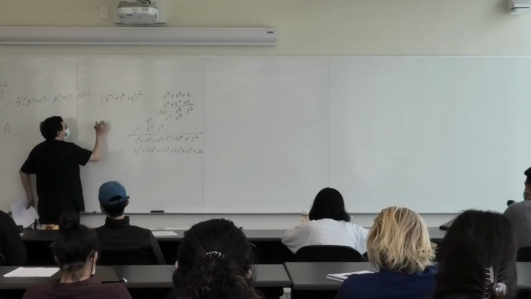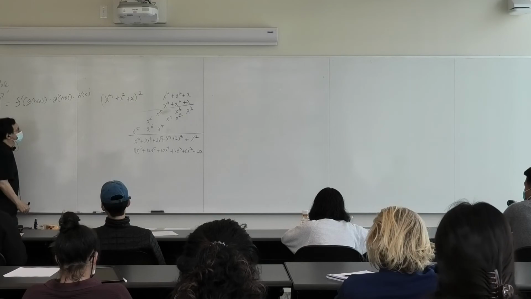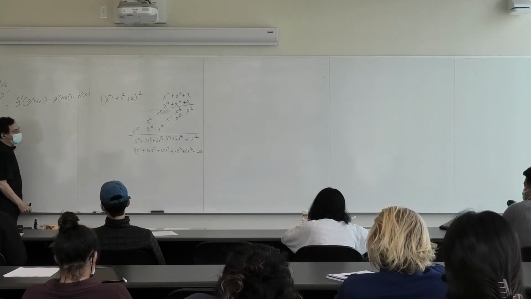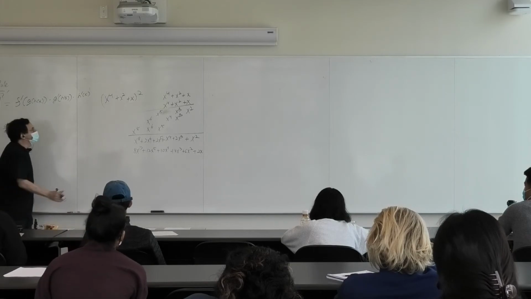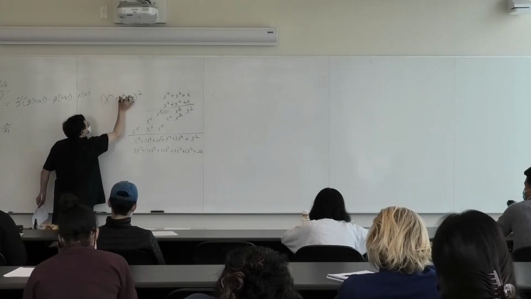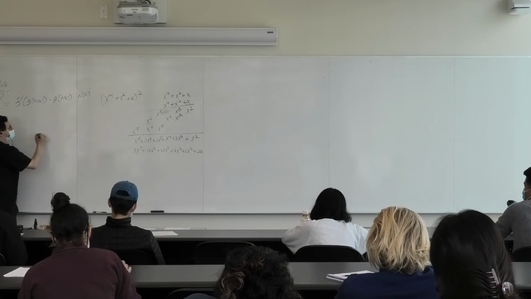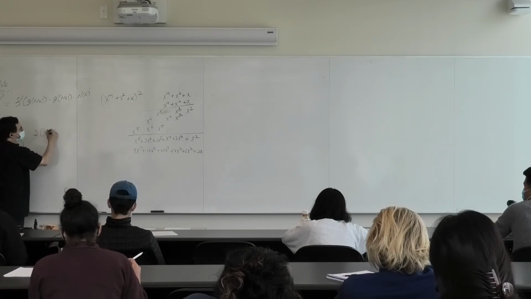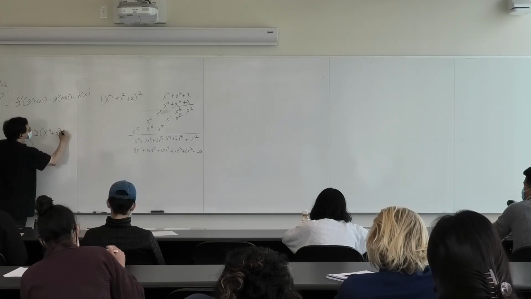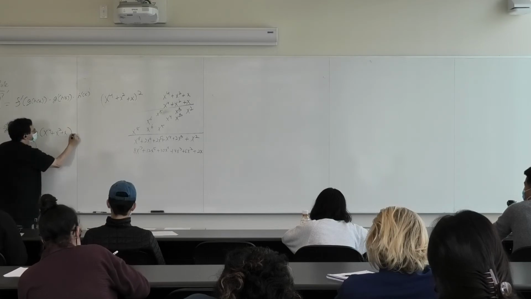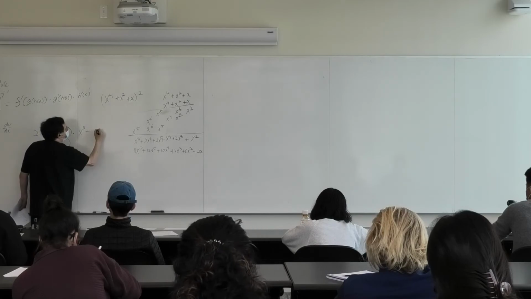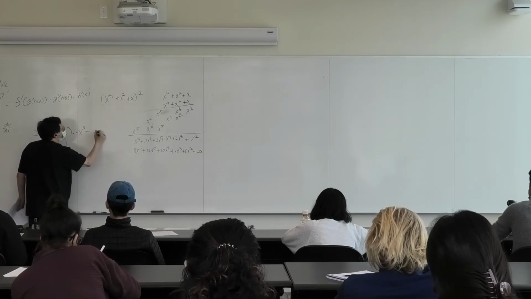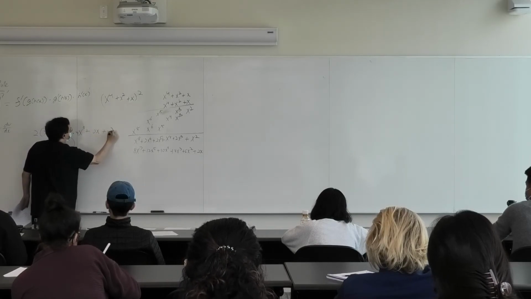What's my first step here? Same as we've been doing the last two problems. Use the power rule on this whole thing. Right? 2 times x to the 4th plus x squared plus x, times the derivative, 4x cubed plus 2x plus 1.